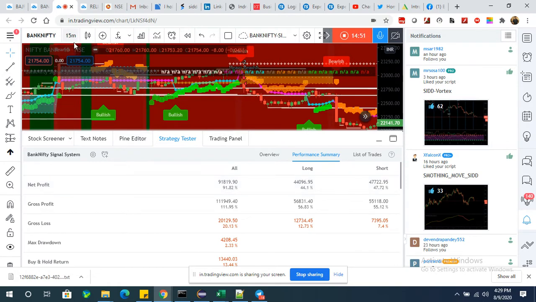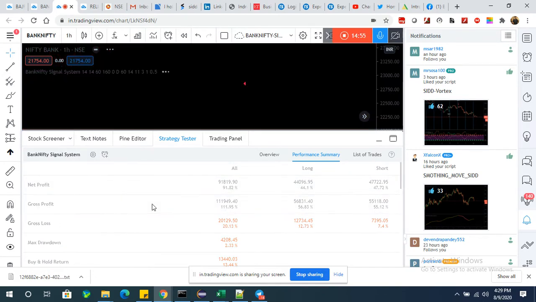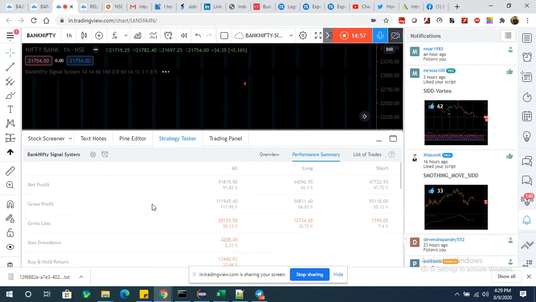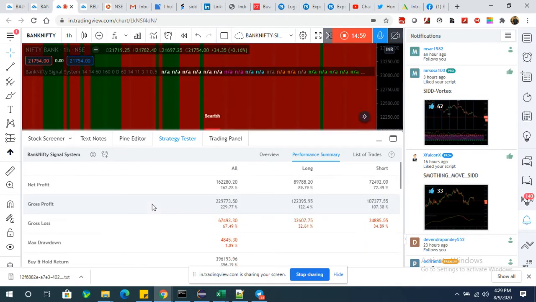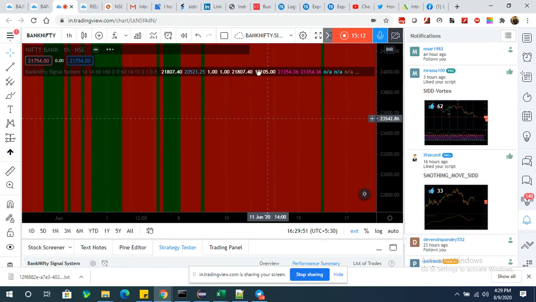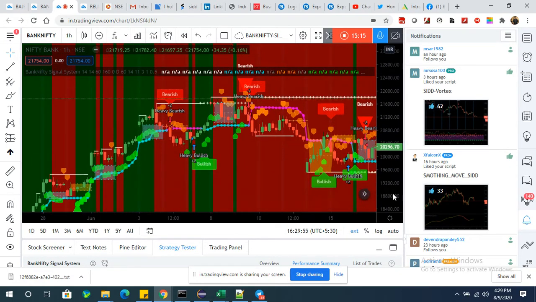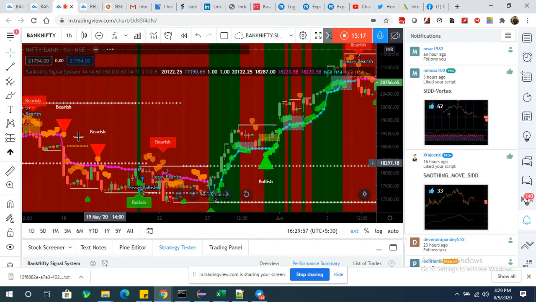And when you go with the 1 hour chart, the result is 162%. So with this kind of percentage you can make lots of money. Just follow the system and follow the chart and follow the signals. If you are following the signals, no one can stop you from making profit with this tool.